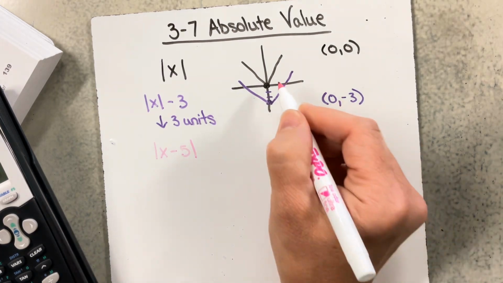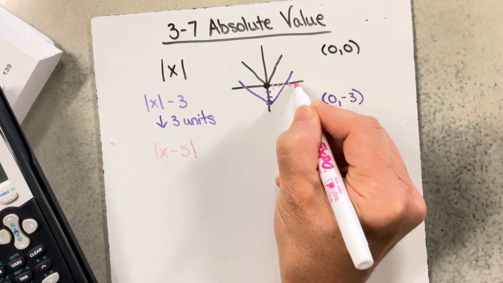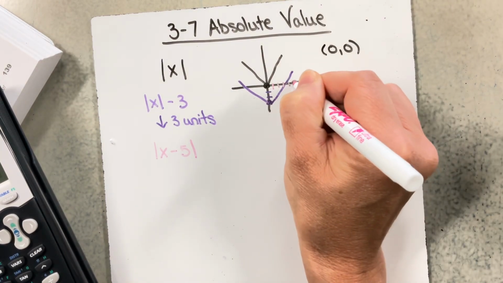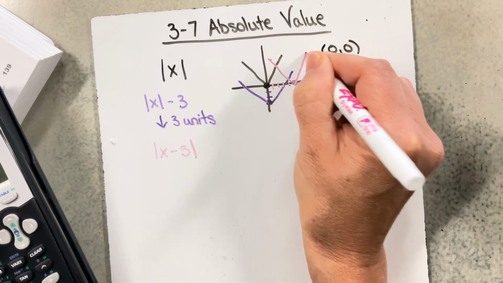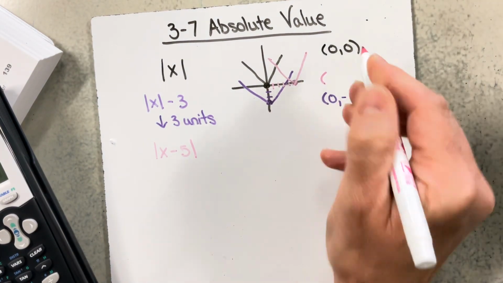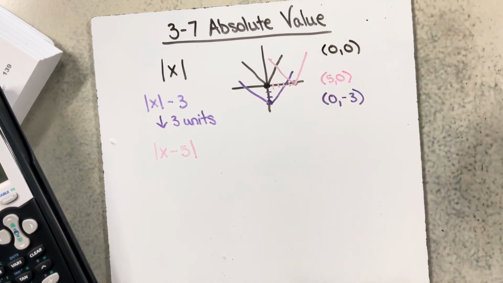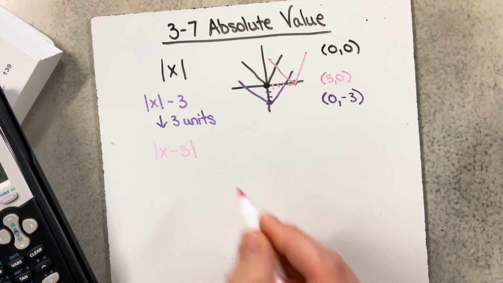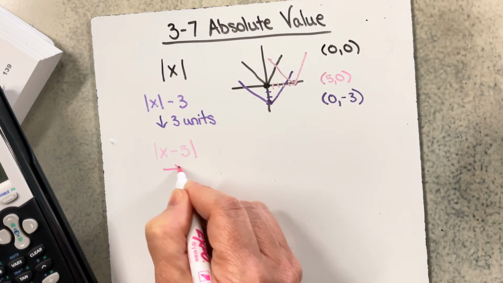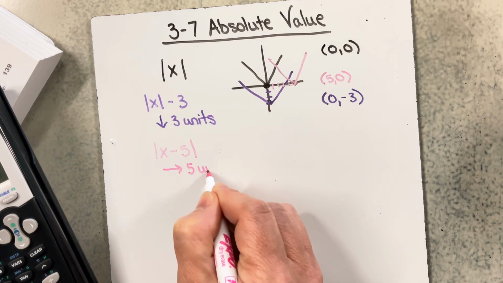And what it did is it moved it over 1, 2, 3, 4, 5, approximately there. It kept the same design. Mine's a little bit off, but anyway. But now I have a new vertex of 5 in the X direction and 0 in the Y direction. Okay, so this one moved me positive direction 5 units.